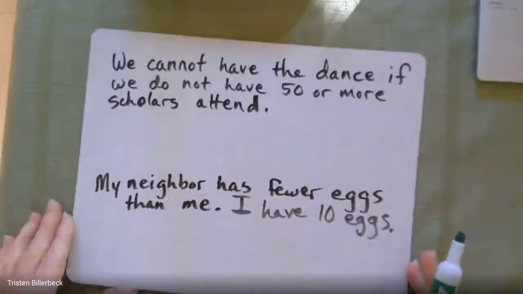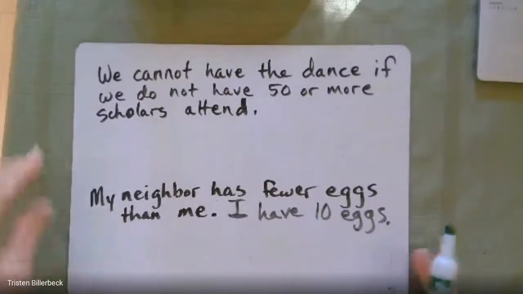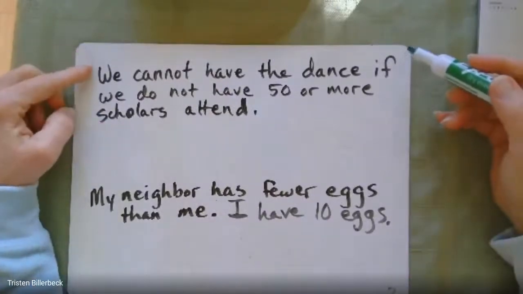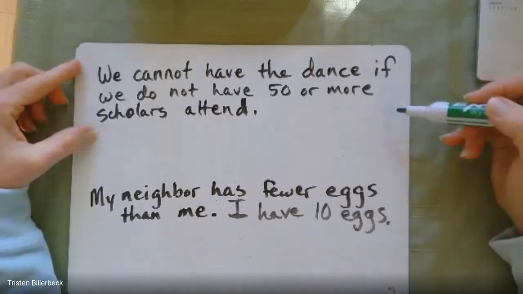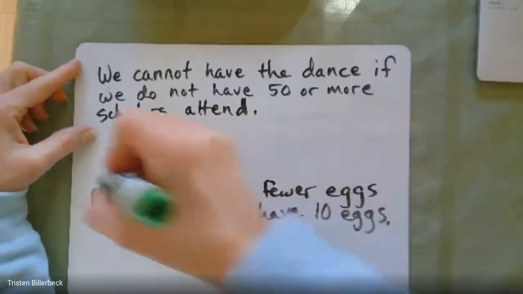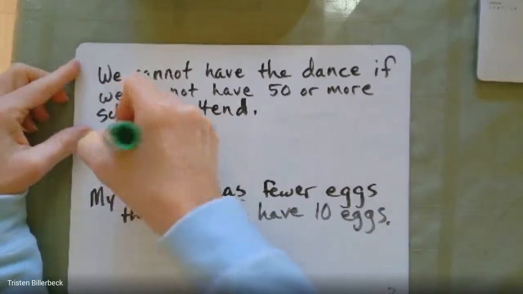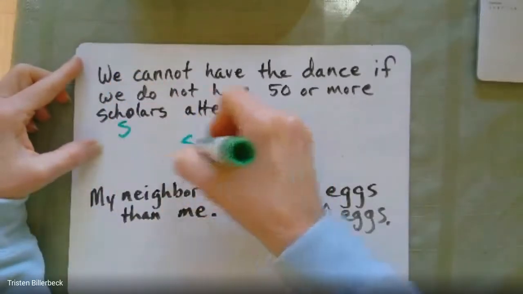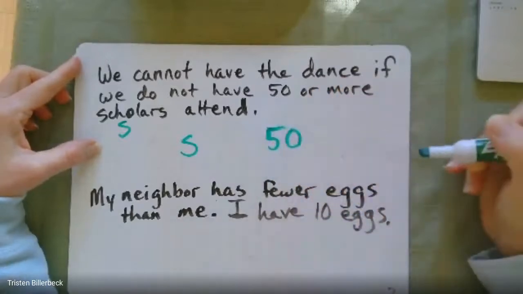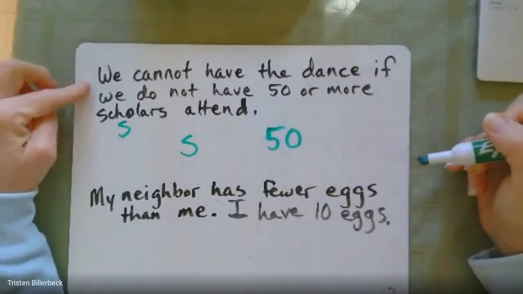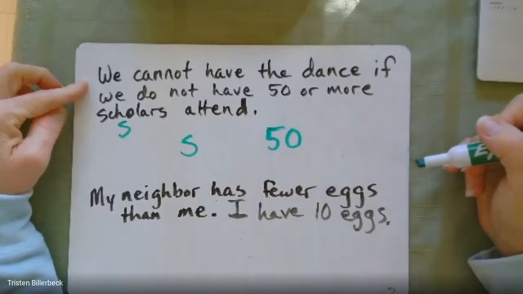So let's look at some more examples of real life things. We cannot have the dance if we do not have 50 or more scholars attend. So if we say S is scholars, so we have scholars and we have 50. Can we have the dance if we have 50 scholars?